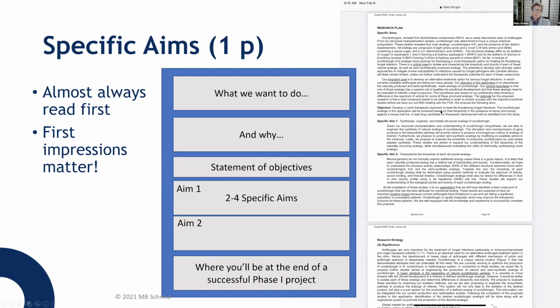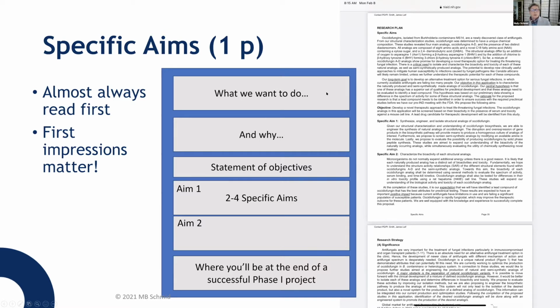In this particular example, there's a statement of their objectives that's very clear about what they want to do. And then this proposal has 2 specific aims. I usually recommend 2 to 4 specific aims. And then at the end of this page, where you think you'll be at the end of a successful phase 1 project. All right.